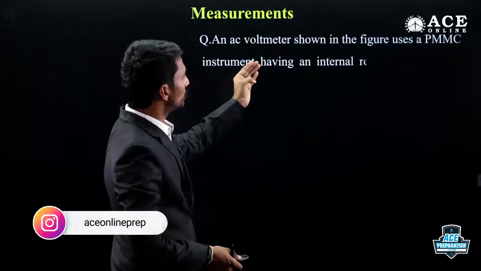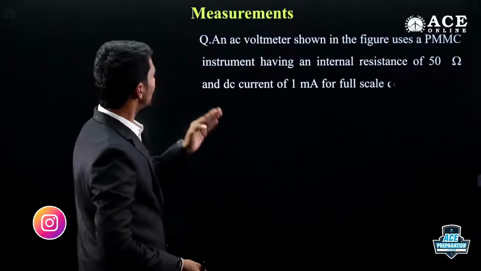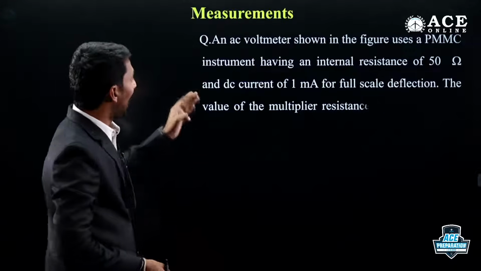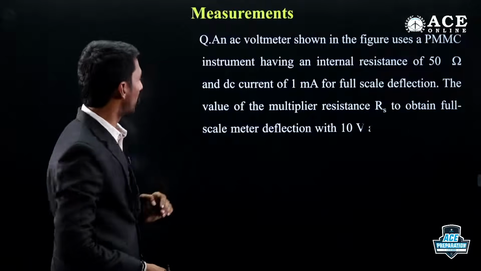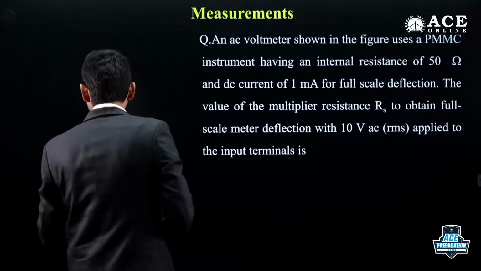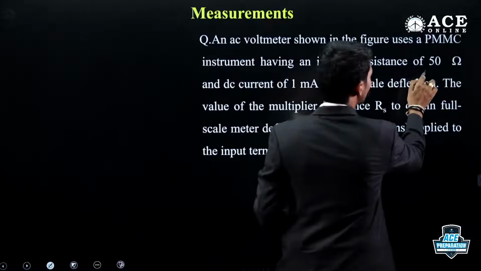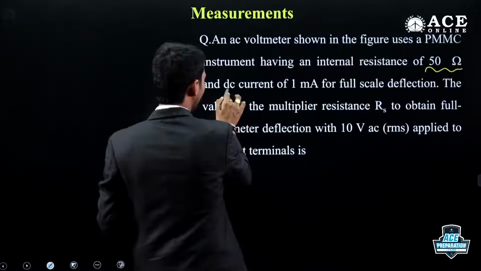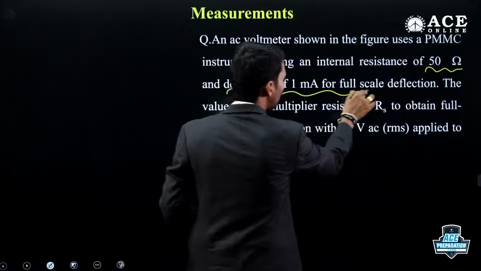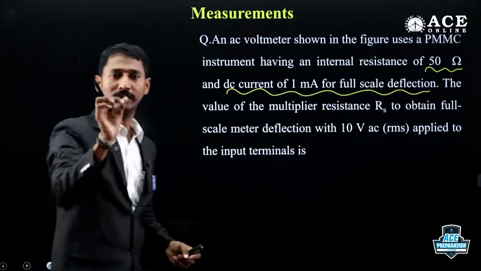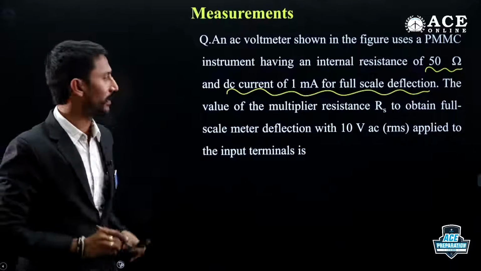An AC voltmeter shown in the figure uses a PMMC instrument having an internal resistance of 50 ohm. What is the device given? PMMC instrument is given. Internal resistance is 50 ohm and a DC current of 1 milliampere full scale deflection is given.